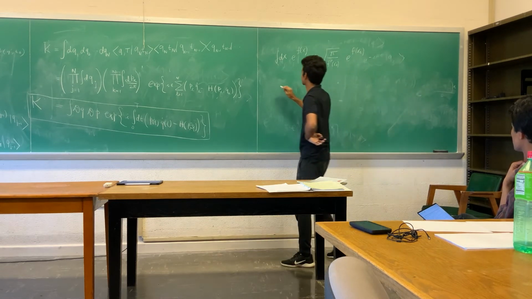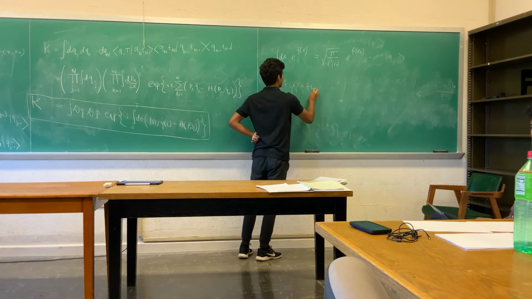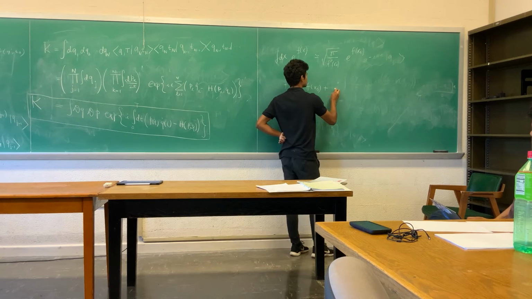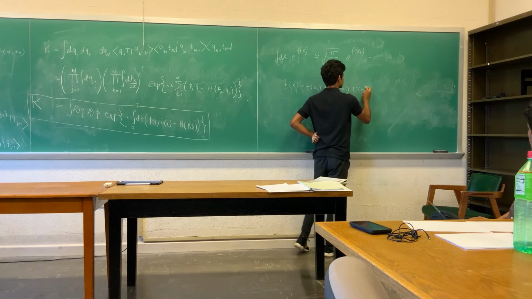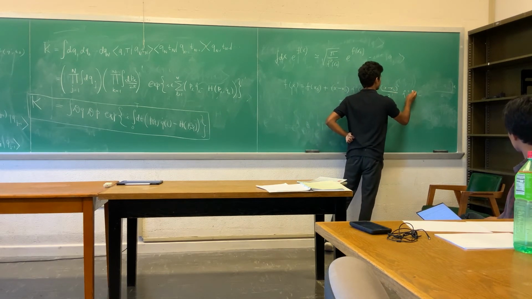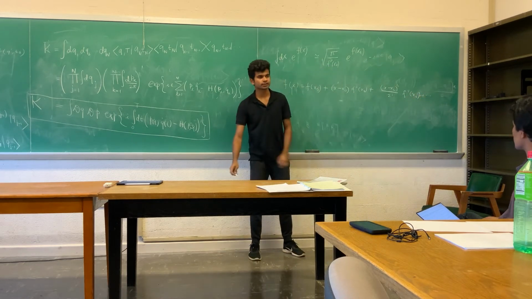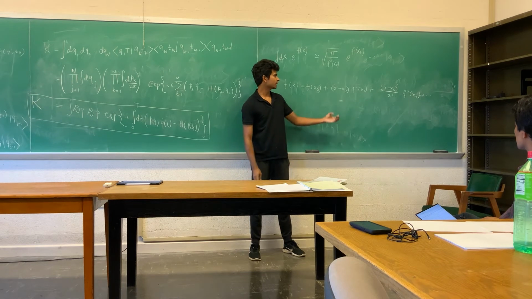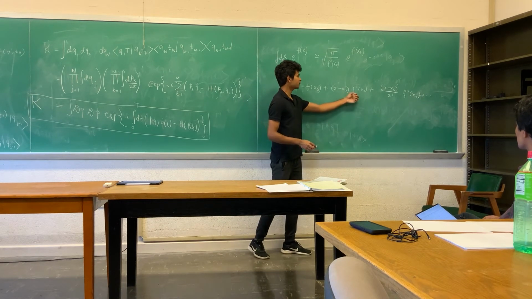You expand f, write f of x around x naught, and you look at saddle points. At the saddle point, you look at stationary points, where f prime is 0.